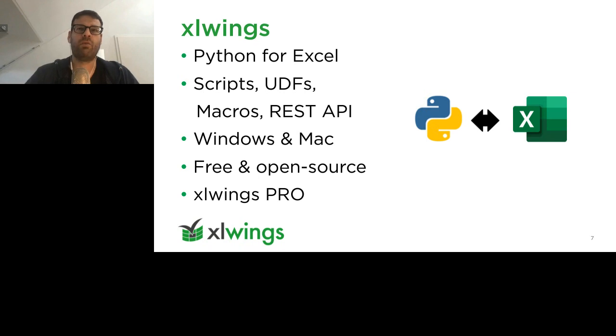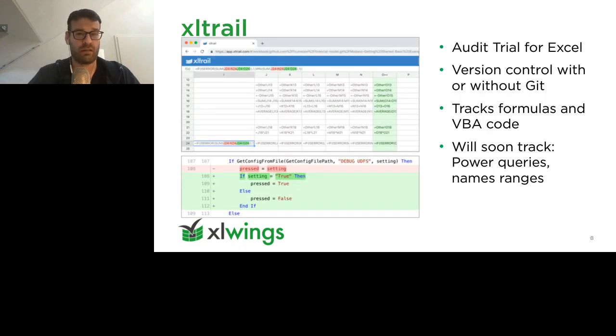And then we do have another tool which is called Excel Trail. And Excel Trail is basically taking care of the version control for Excel workbooks. It's one of the issues that we see often happening because Excel workbooks are just treated as a file and being sent around, and everybody does funny things.